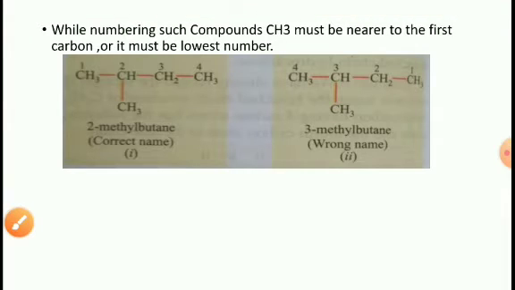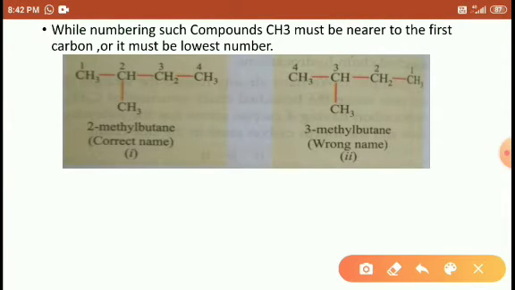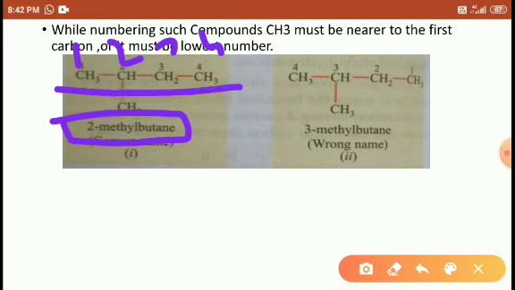Look here at one more example, the numbering where the CH3 group is nearest to the first carbon atom. If you number 1 2 3 4, and this is the 5, the IUPAC naming has the CH3 group on the second position, so we use 2-methyl, and the longest chain is butane.